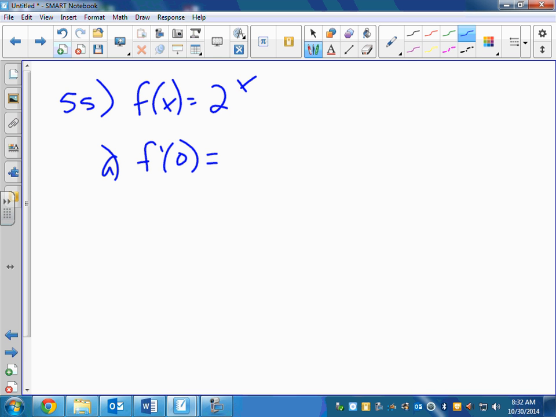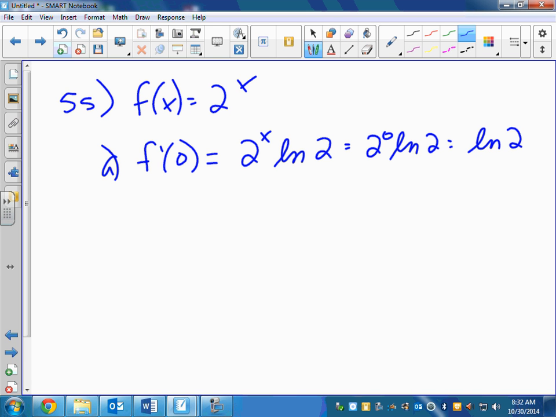You don't have to do logarithmic differentiation on this because this is a number, this is an x, so that fits the formula of a to the x. And so the derivative of a to the x is a to the x times ln of a. So that would be 2 to the x times ln of 2. So then they ask you to plug 0 in there, so you get 2 to the 0 times ln of 2, which is just ln of 2.